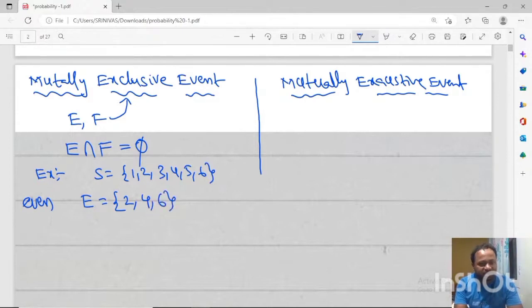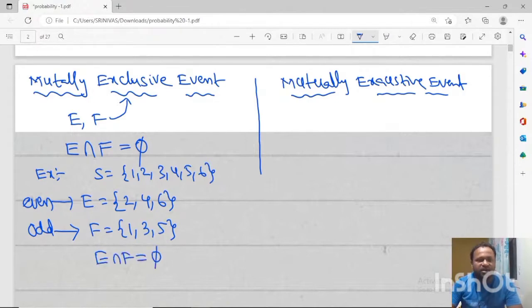This is one event. I will take one more, odd numbers. F is equal to what we will have? 1, 3, 5. So here E intersection F is equal to empty. That's why these two events are called mutually exclusive events.